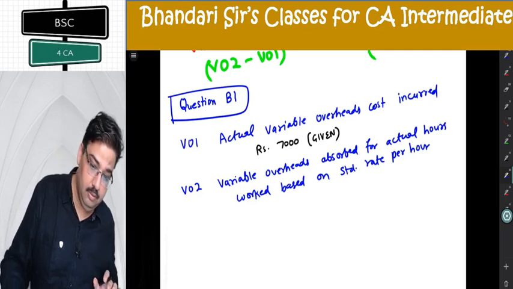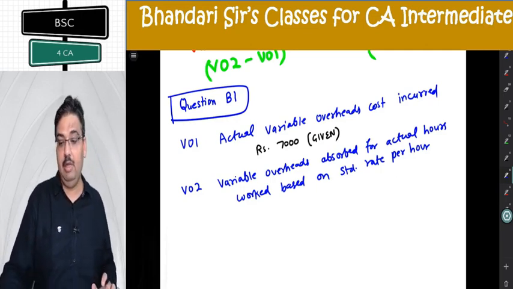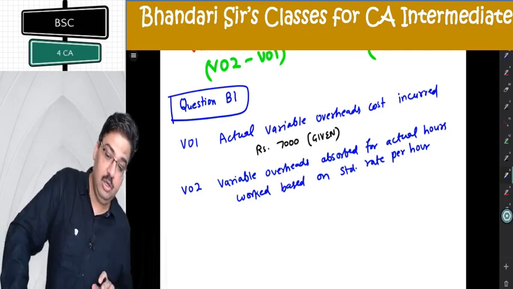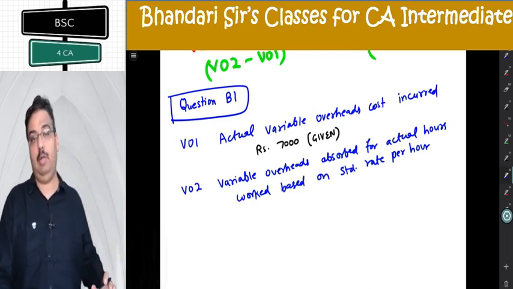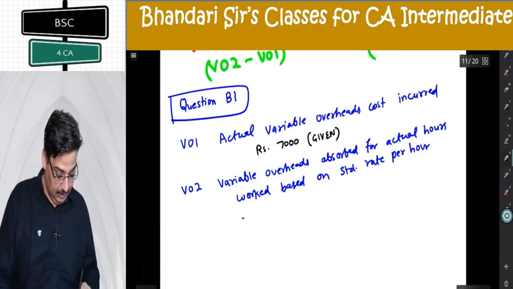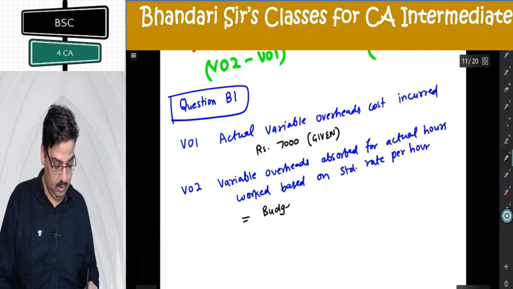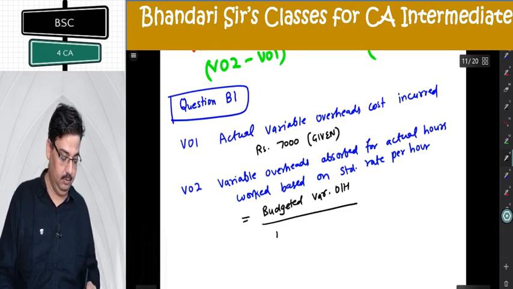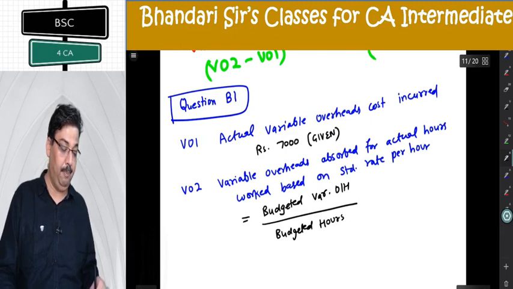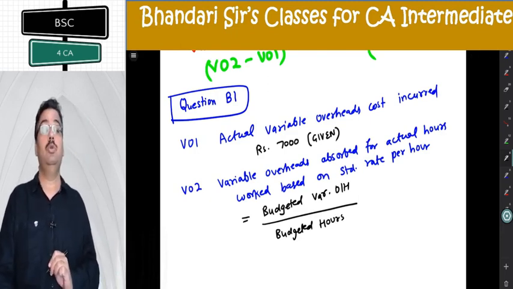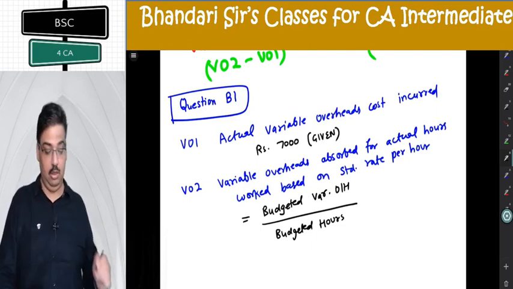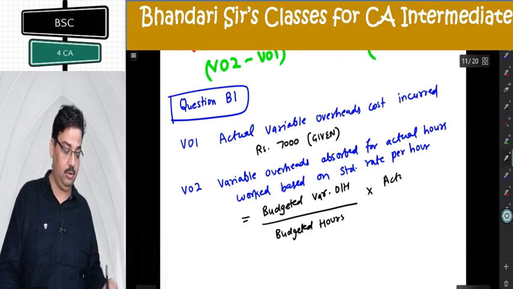You are given budgeted variable overheads of 7,800 and 20 hours per unit. What do I need to calculate? Budgeted variable overhead divided by budgeted hours. I don't need per unit, I need total budgeted hours. So I multiply that with units. Hours per unit are given, I multiply with budgeted units, I will get total budgeted hours. Multiplied by actual hours.